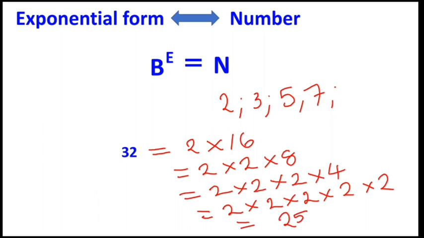So I've written the number 32 in exponential form. We've got a video that discusses how to write any number in exponential form. That is the basis of how we can understand this idea of logarithms. If you can write any number in exponential form and convert from exponential form to number form, then we are closer to understanding what logarithms are.